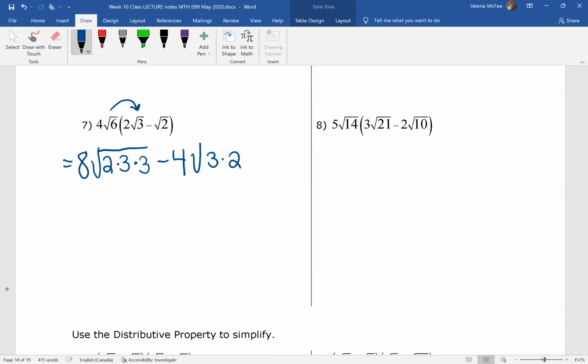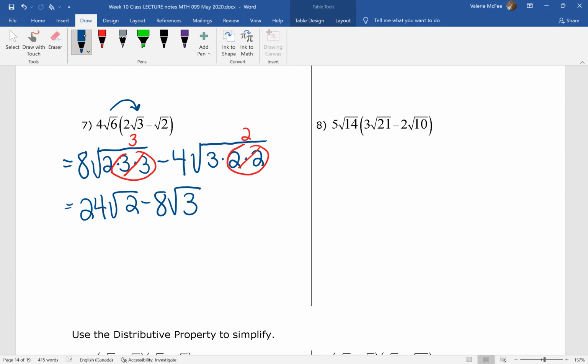So I'm going to prime factor 6, and there's my root 2. We see 2 factors of 3 we can take out. 2 factors of 2 we can take out. 3 times 8, 24, root 2. 4 times 2, minus 8, root 3.